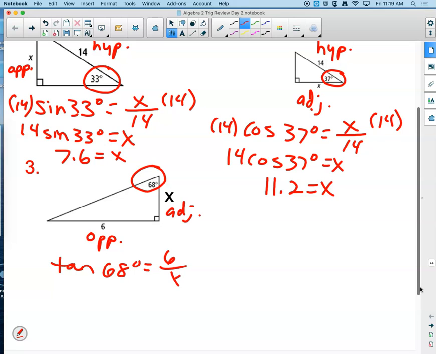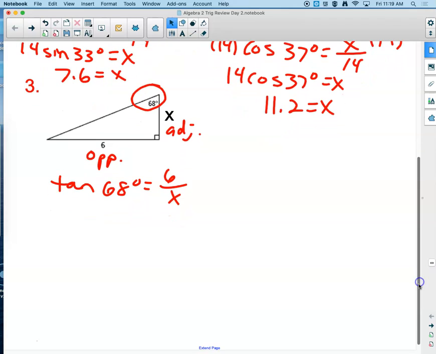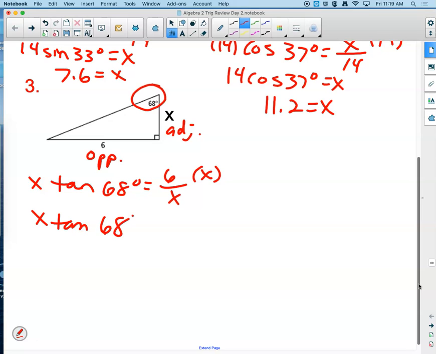equals 6 over x. And now we have a new problem. You can't have what you're trying to solve for in the denominator. So the first thing we would have to do is multiply both sides by x to get x out of the basement. But x isn't alone. So what are we going to do with the tangent of 68 degrees?